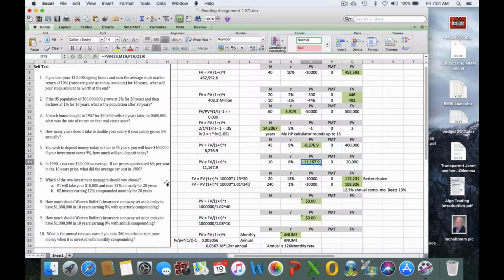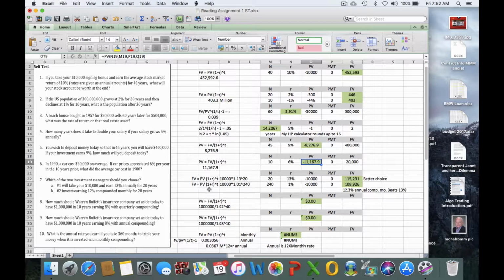The next one, number 7, say future value, just comparing rates of return with annual versus monthly compounding. In the annual, simple, just like the earlier problem, start with 10,000, 1 plus R for 20 years. And you get about 115,000 in value. In the second one, monthly compounding, you want the rate and the number of time periods to agree.